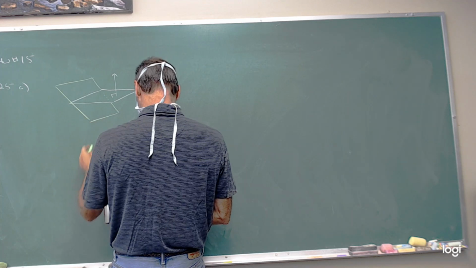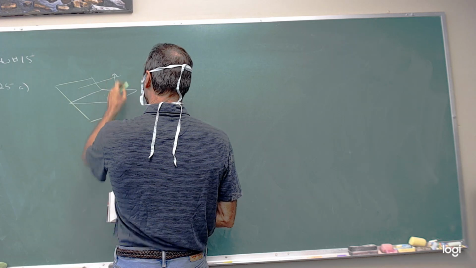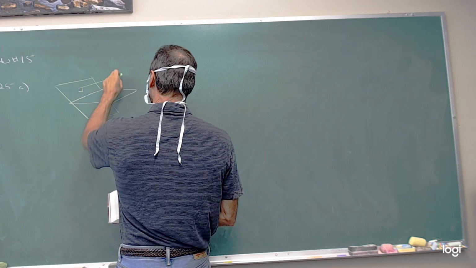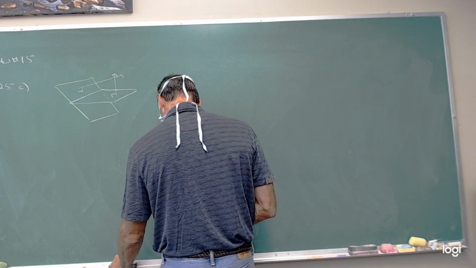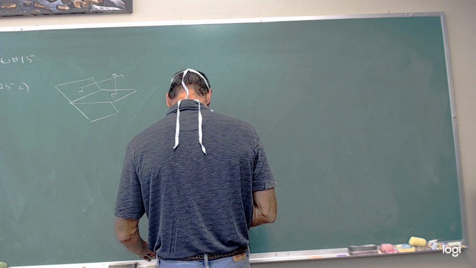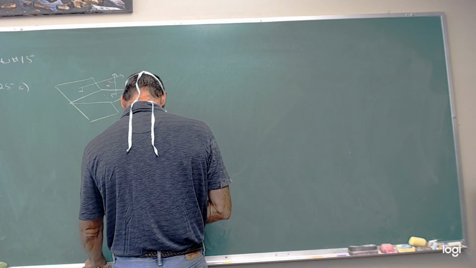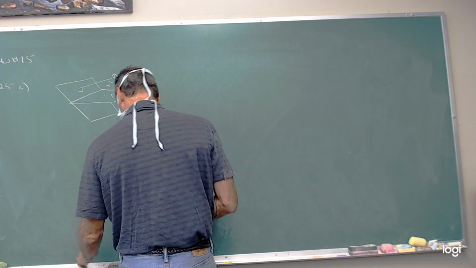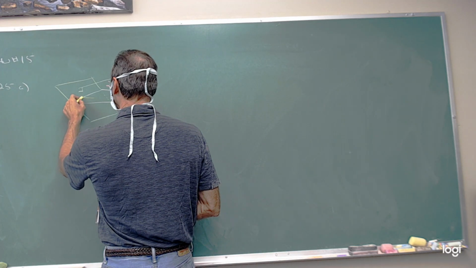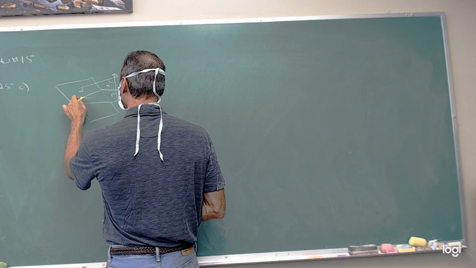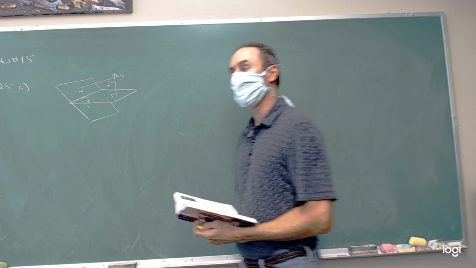So there's our second plane, and it's got a normal vector. We are talking about this angle alpha here, and we're trying to compare that to this angle beta between the two planes.